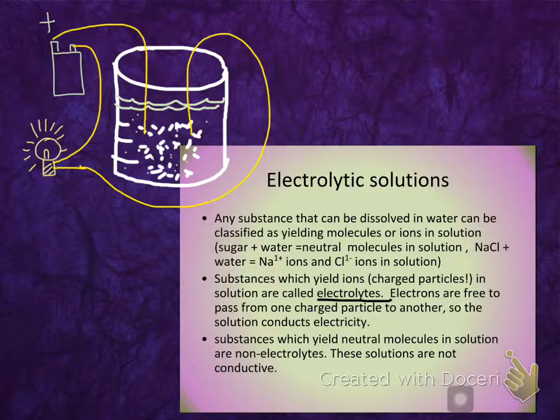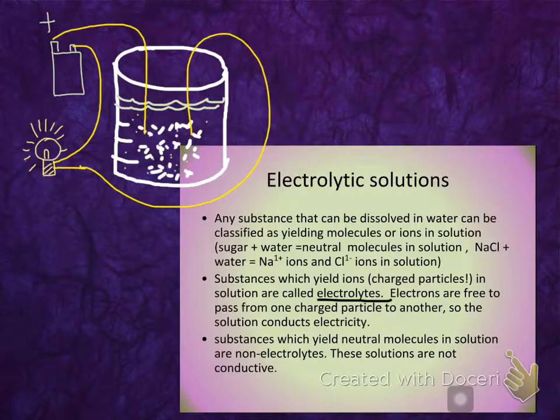Because those ions will pass charged particles, electrons, from one to the other, the whole solution ends up conducting electricity. If you've got something that will not conduct electricity when dissolved in water, that's called a non-electrolyte, or a non-electrolytic solution.